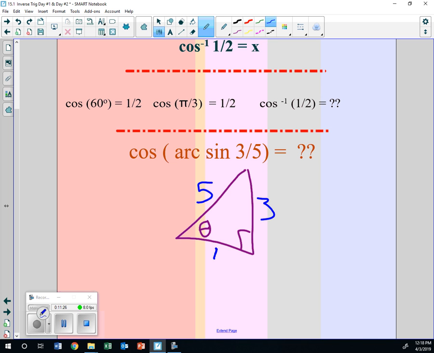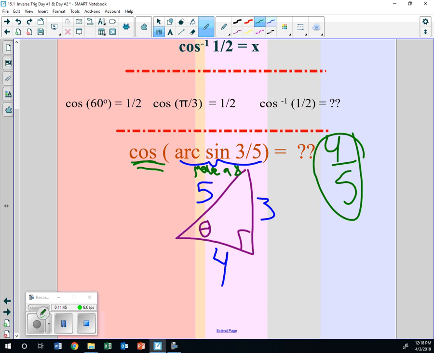Square root of 16 is 4. So this part is the make a triangle part. Okay? Now, this part tells you what to do with the triangle. Cosine of theta is 4/5. Done. There you go. All because you learned a song.